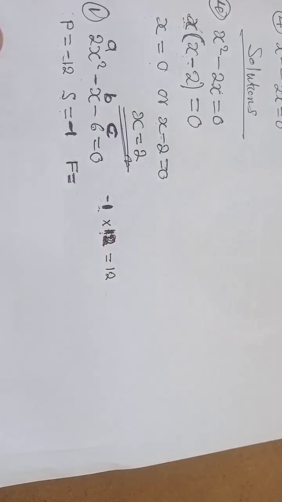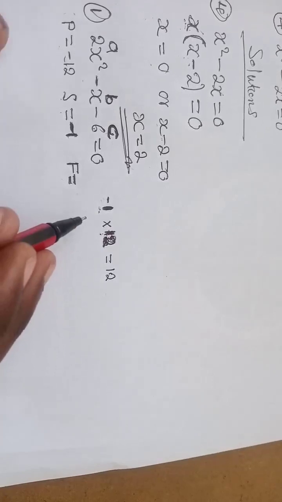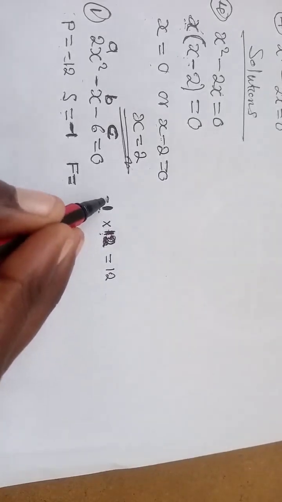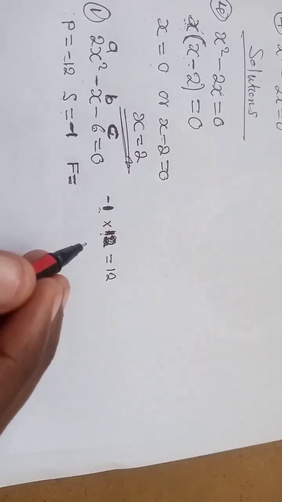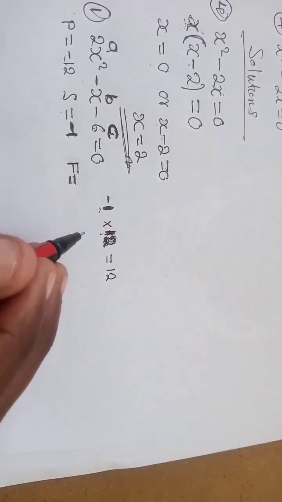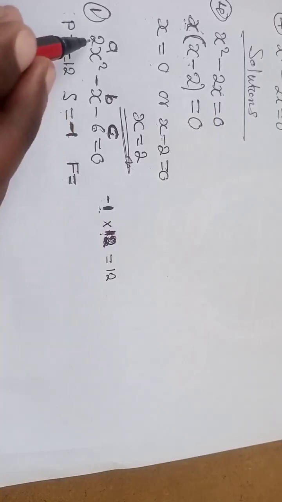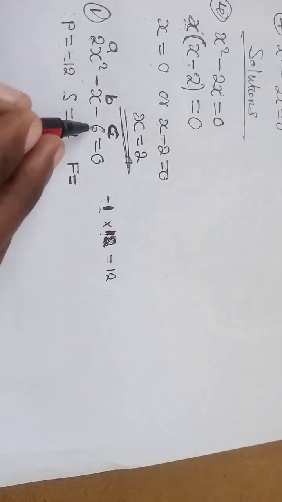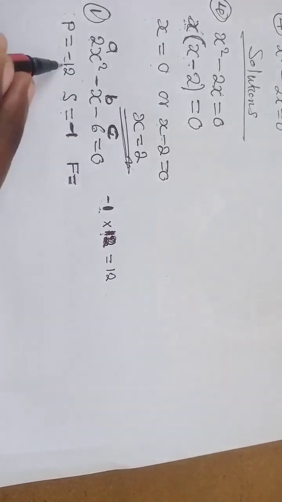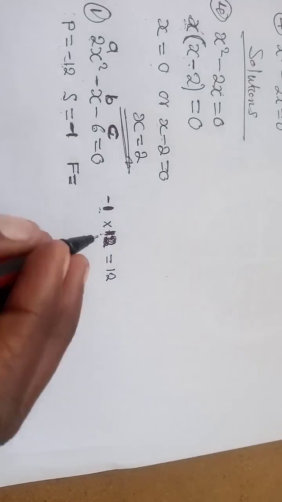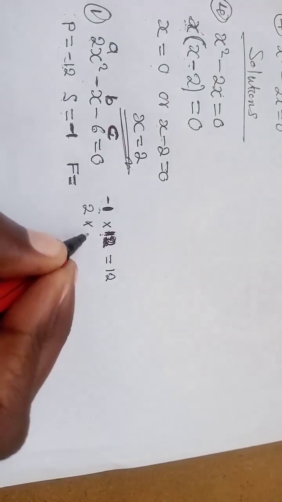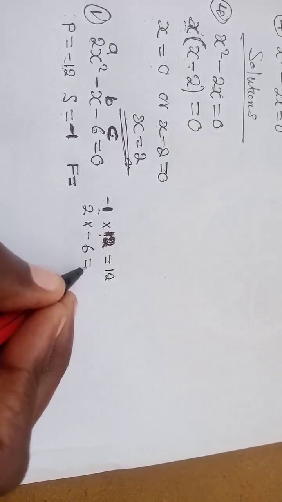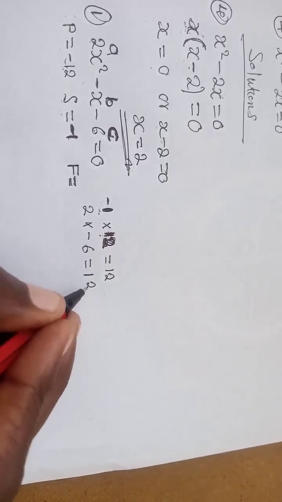What are those numbers? The two numbers that can give you 12 when you multiply them. This is how you find those factors. So you can say there's 2 times -6, which gives us 12.